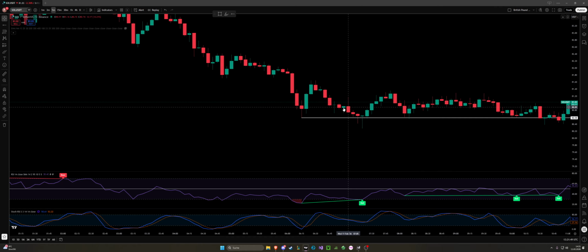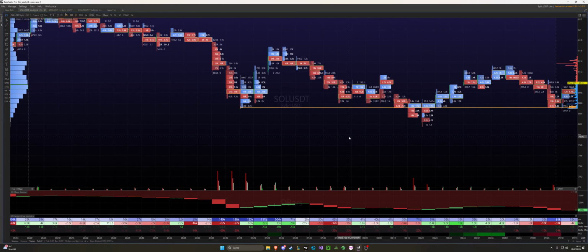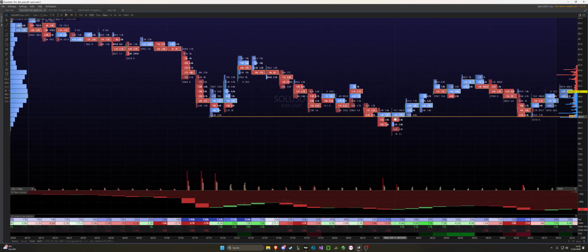And this alone we can already use on TradingView, but if we have access to an order flow platform, we can use the order flow as confirmation. A lot of selling, then even less selling, price only very briefly trades below and then moves away. That's it so far for swing failure patterns.